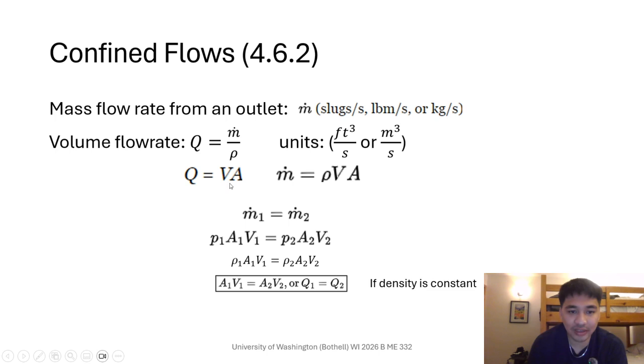And Q can also be defined as your velocity times the area of where the fluid's coming from. And here, your mass flow rate, right? If you solve it over here and sub in this Q equals VA, mass flow rate equals rho VA, density, velocity, and area. Okay? And the main reason you'll need this, and I wanted to explain this now, is that this is kind of a linking equation for your Bernoulli's equation.